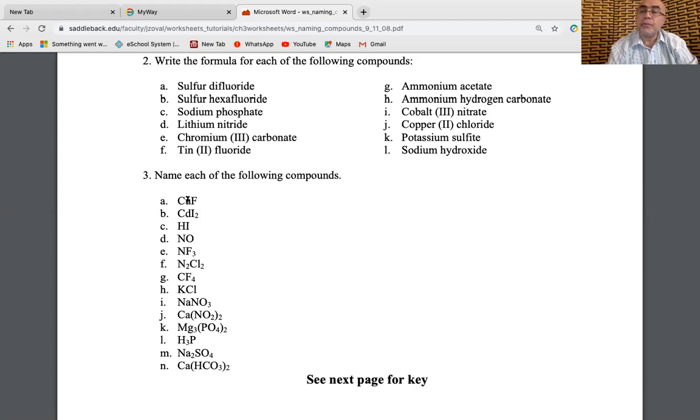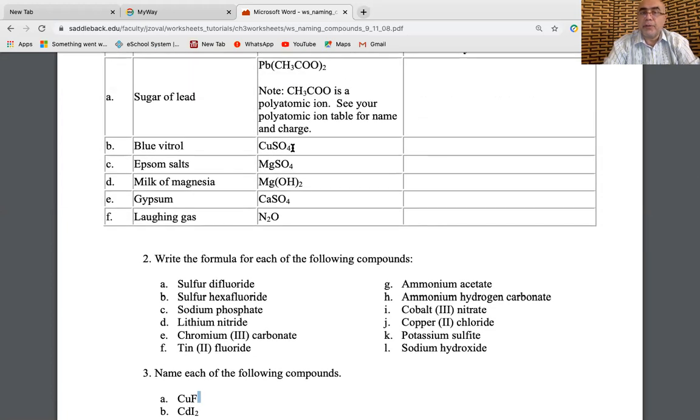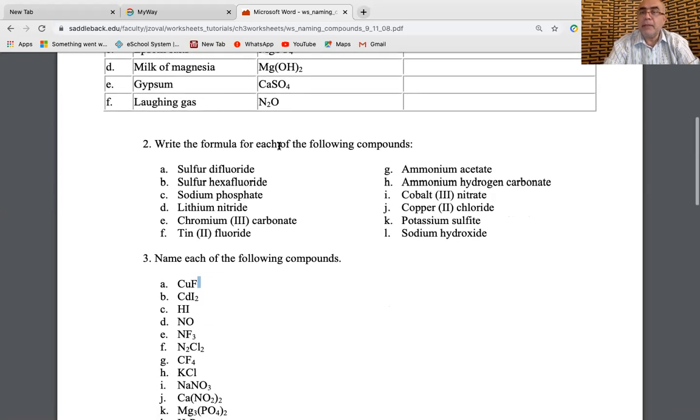So copper here should be +1. So what is the name of CuF? It is copper(I) fluoride. In British, we can say cuprous fluoride. And for copper(II), cupric fluoride. Cupric is 2, cuprous is 1.